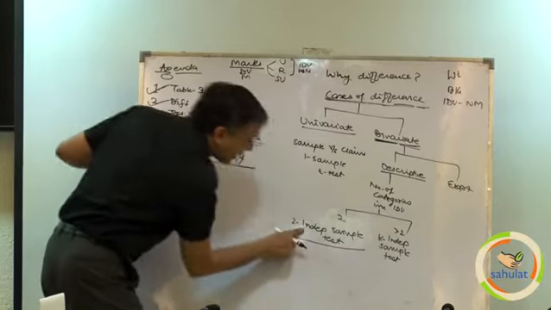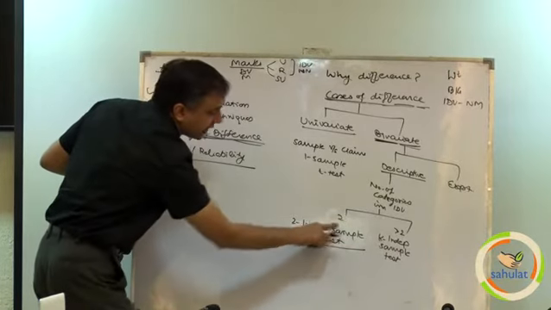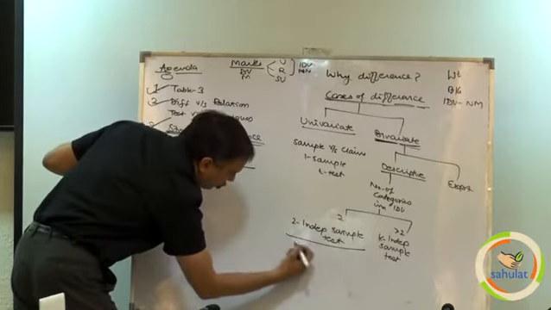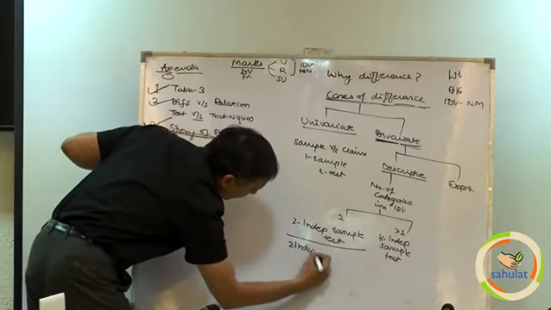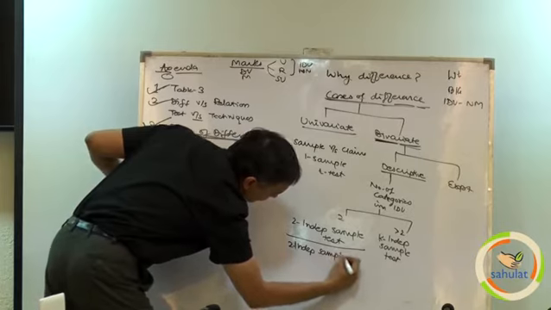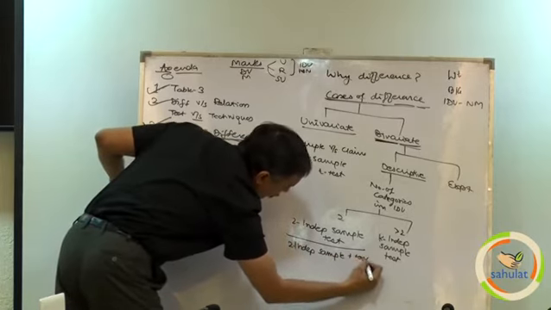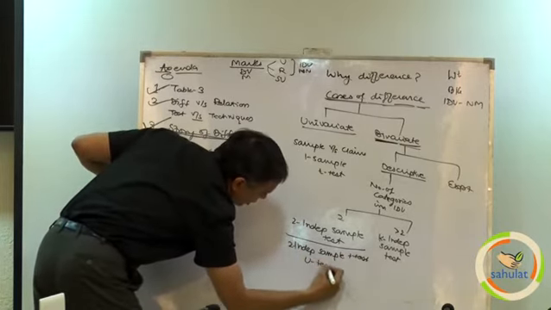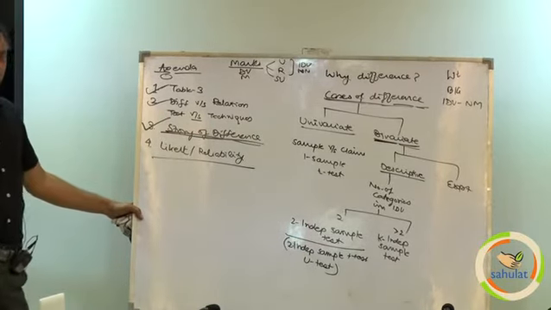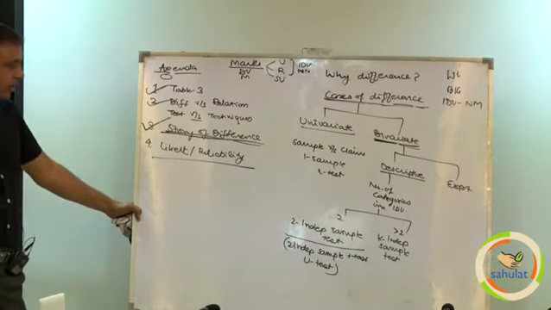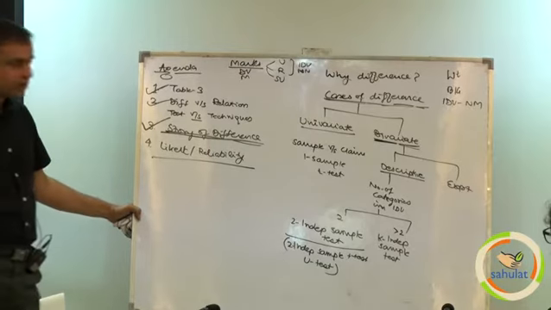Such tests are, I am writing 2 independent sample, I have now written T test. 2 possible things are the 2 independent sample T test or its substitute, the U test, is also available here. The 2 tests possible here are the 2 independent sample T test or the U test.